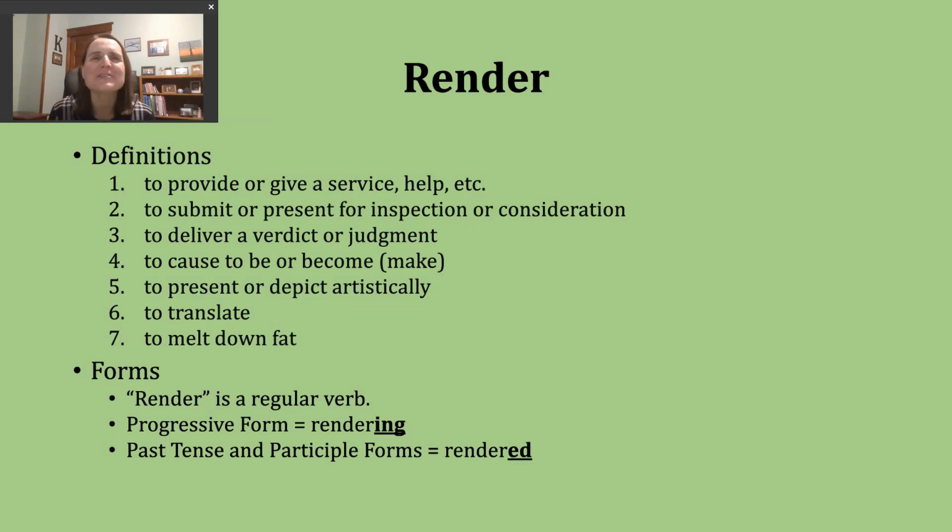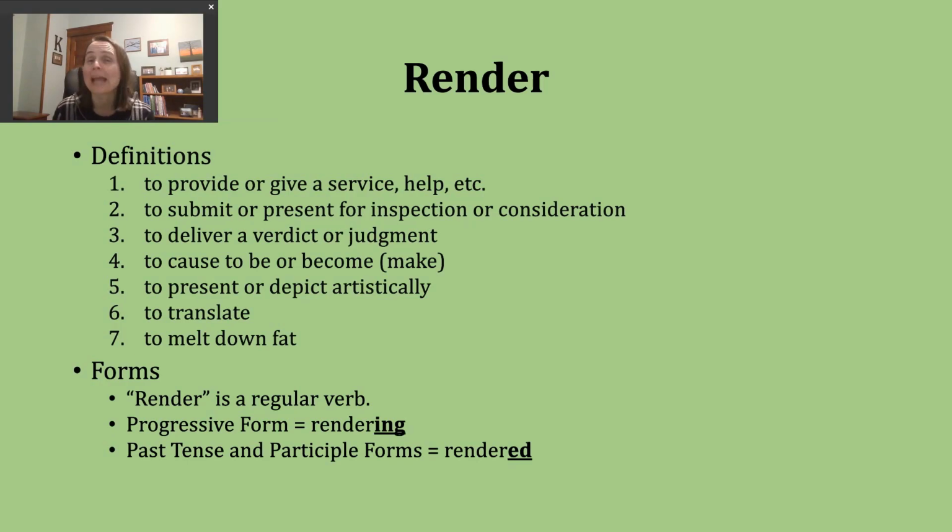For now, you should know that render is a regular verb. If you want to make the progressive form of this verb, all you need to do is add ing, and that forms rendering. The past tense and the participle forms of this verb can be made by adding ed. Our base verb, render, ends in a voiced sound.